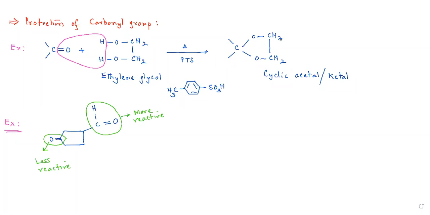Now, suppose if you want to make the ketones react with a particular reagent, no doubt the aldehydes come into picture. I mean, they compete heavily. Okay, if both aldehyde and ketones are there, then aldehydes are going to react with the reagent that you are using. So to make ketones react with that reagent, aldehyde group has to be protected.